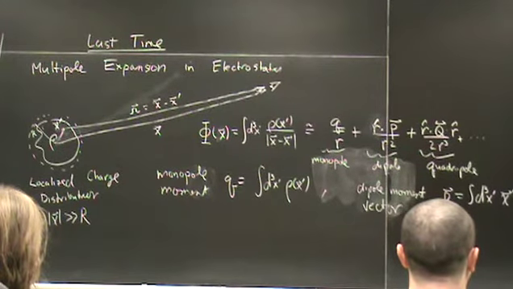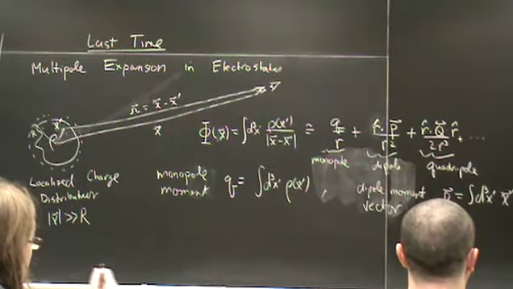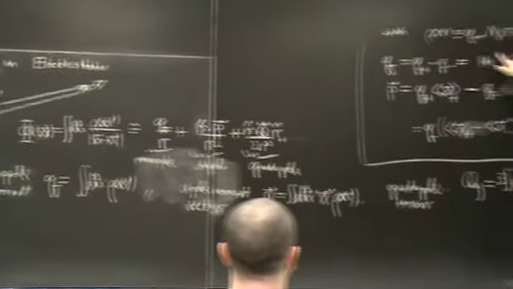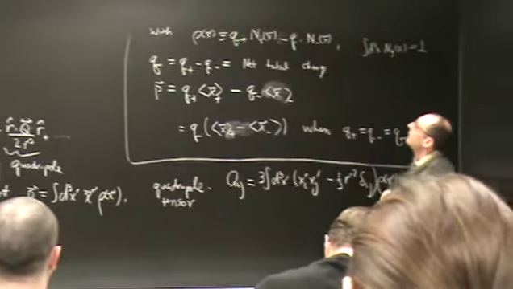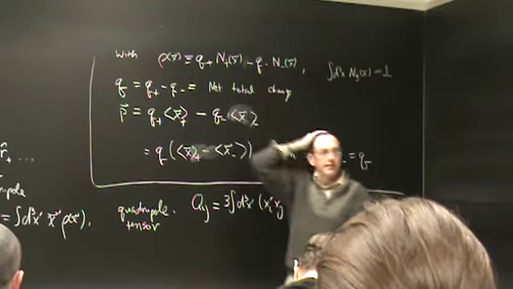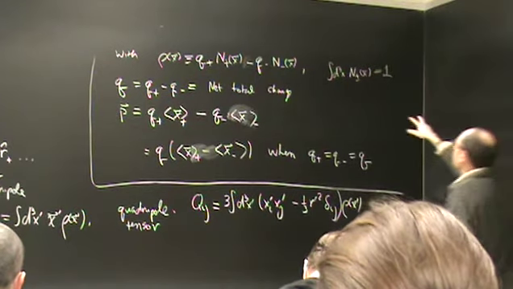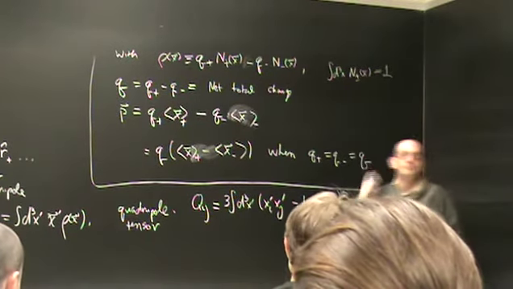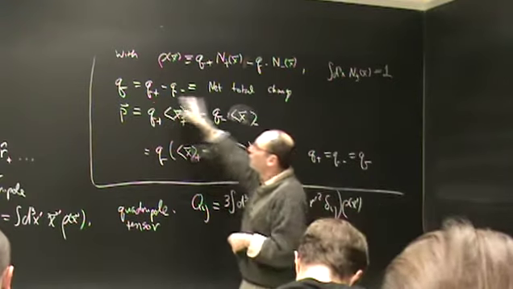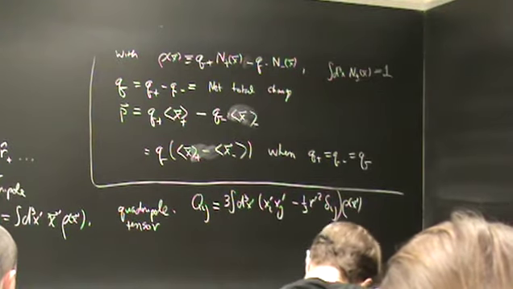So the first thing to think about is if I broke my charge distribution up into the negative charges and the positive charges, with some distribution function I'm calling n, and I've explicitly factored out the minus sign so that q plus and q minus are positive numbers. Then with this being a normalized distribution function, the monopole moment is just the net charge. It's the total net charge associated with the distribution.